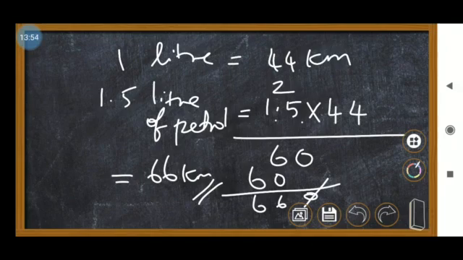So remember that. Here 5 liters of petrol means 220 kilometers it can cover, so for 1 liter, this 5 will go in division, not in multiplication. That is a very important thing. 220 divided by 5.